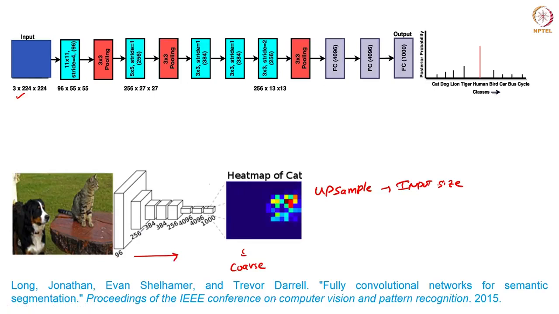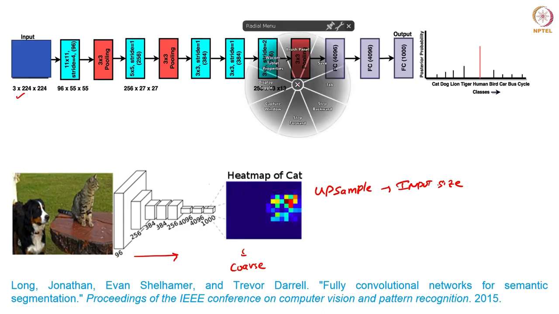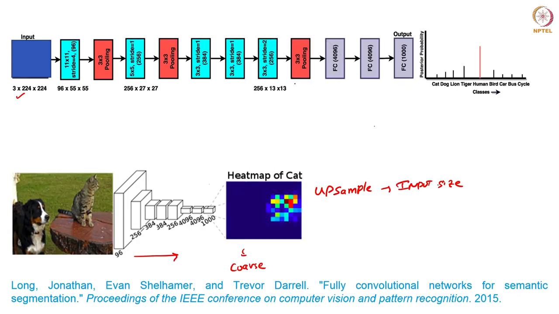So one of the earliest papers to do fully convolutional networks for semantic segmentation, what they did was to pick out feature maps from the intermediate layers and add that to the output. So how is that accomplished? So for instance, let's consider the feature maps from this 3x3.